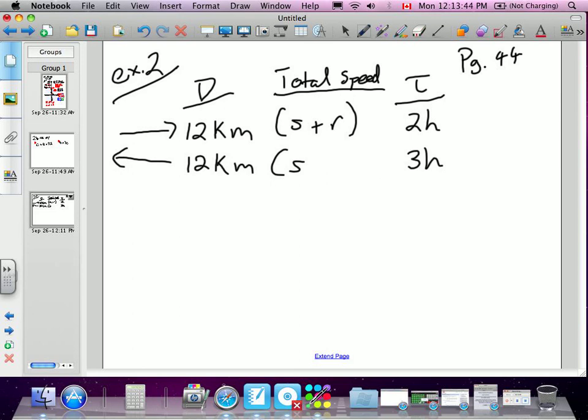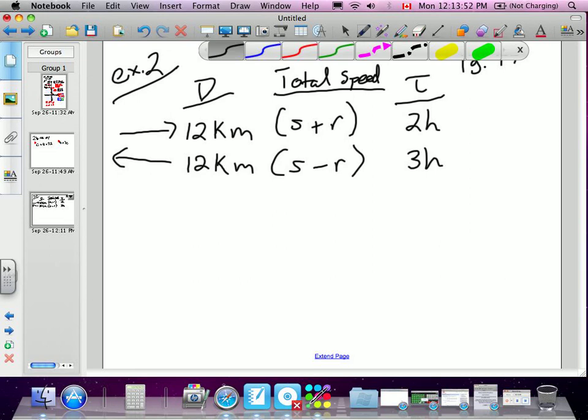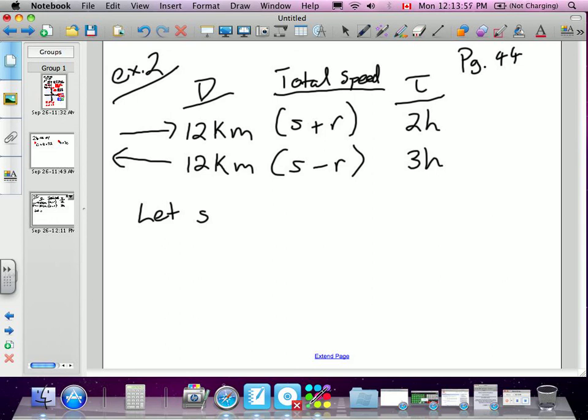I forgot to give us a let S. So let S represent average speed, and let R represent river speed. Okay?